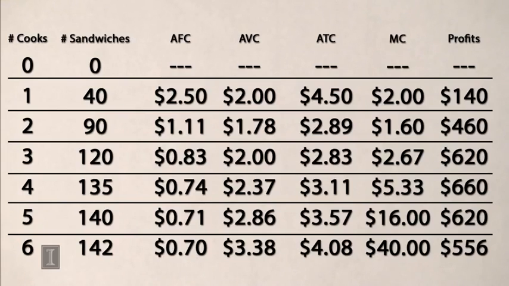So when you produce the 135th sandwich, your cost increased by $5.33. How much did you make on that unit? $8. So clearly you made more money on that unit than you increased your cost. So that 135th unit actually increases your profits. So you should produce it.